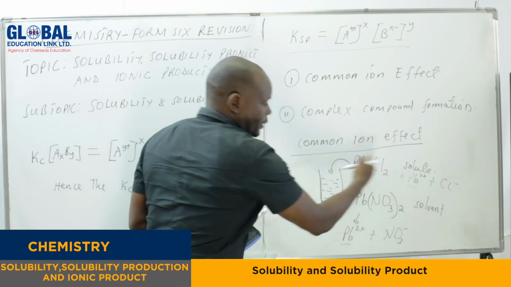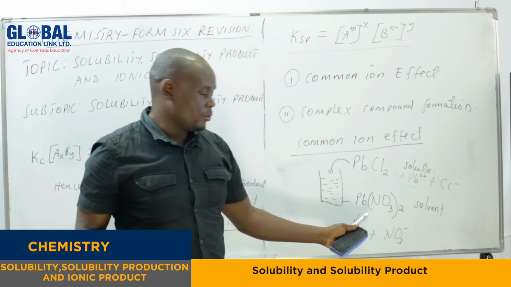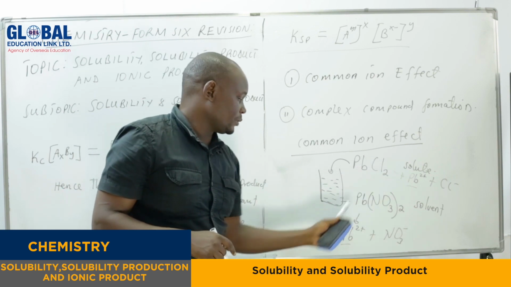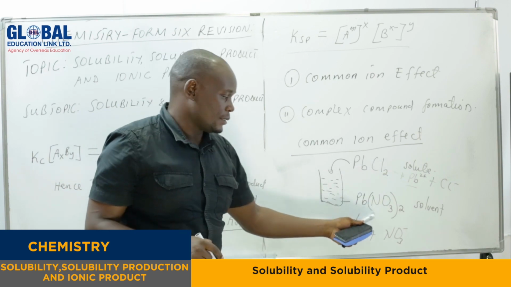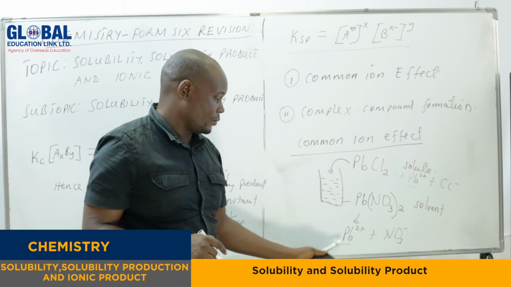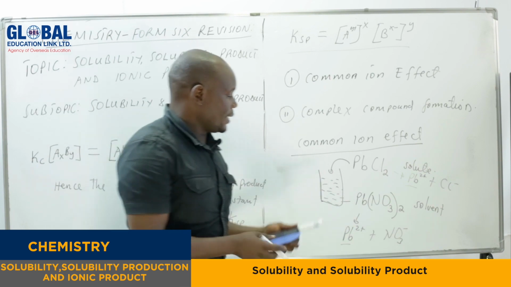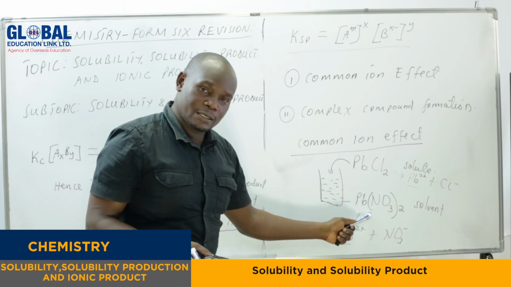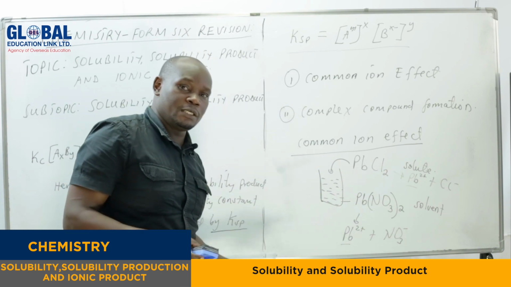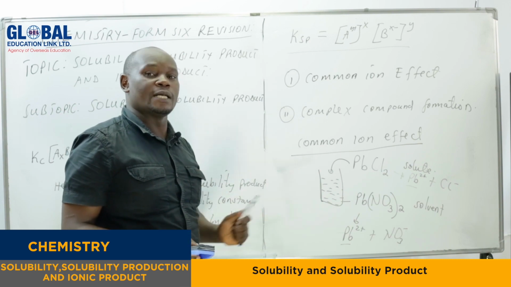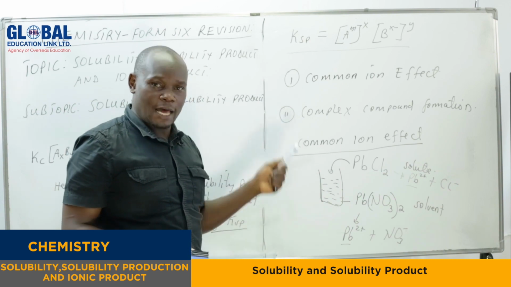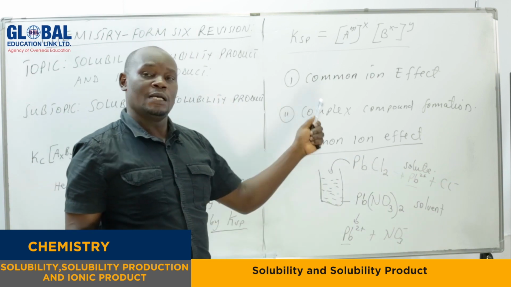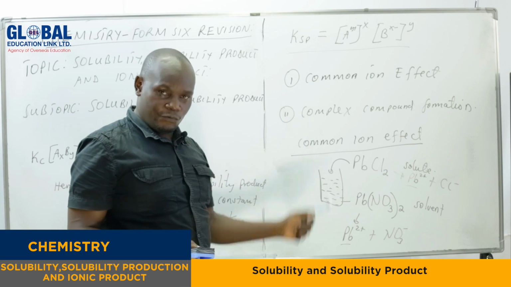So the solubility of lead chloride in lead nitrate will be decreased due to the presence of the ion which is already inside the lead nitrate, and that common ion is lead. The solubility of lead chloride will be lower in lead nitrate than if you dissolve it in pure water which does not contain any of its ions. So the effect which is taking place there is known as the common ion effect.